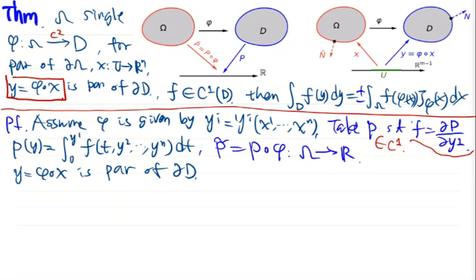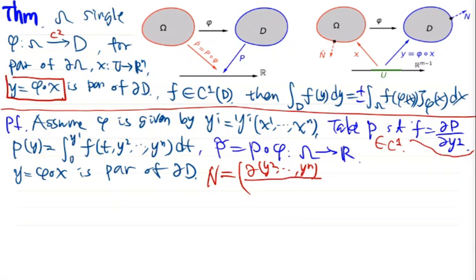Our assumption on phi is that once x is a parametrization of the boundary of omega, the composition of phi and x is a parametrization of the boundary of D. So having obtained a parametrization of the boundary, you can write down the normal vector. The normal vector is n equals the determinant of dy2 through yn.